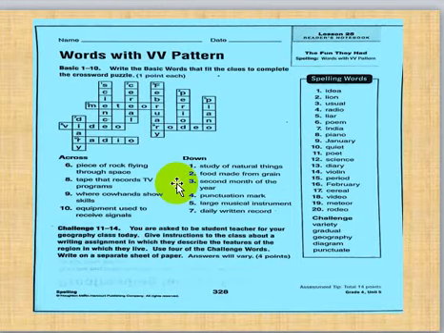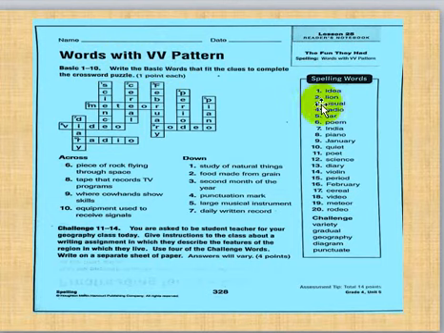We'll go to page 328. After we knew the definition of words, all these words are words with the VV pattern. It means they have a vowel pattern.